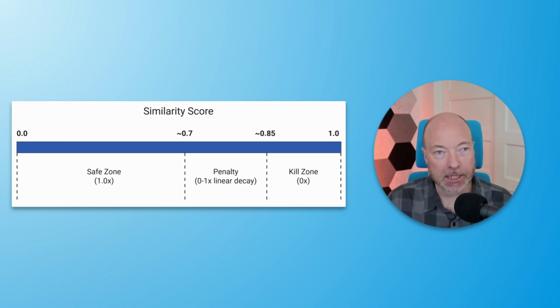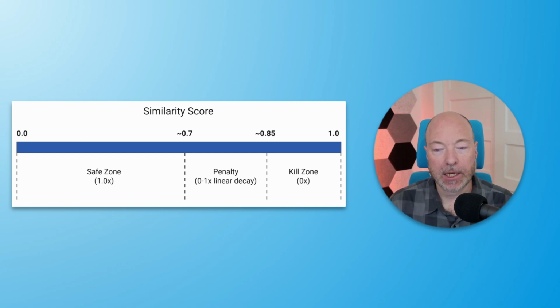What's the closest idea that we already published, and then essentially calculate a penalty based on that. So if the maximum similarity for a candidate is 1.0, that means that it's identical, right? It's pretty much exactly the same. And that puts it here firmly in this so-called kill zone. So the multiplier is going to be 0. It's going to get a score of 0 in the end.